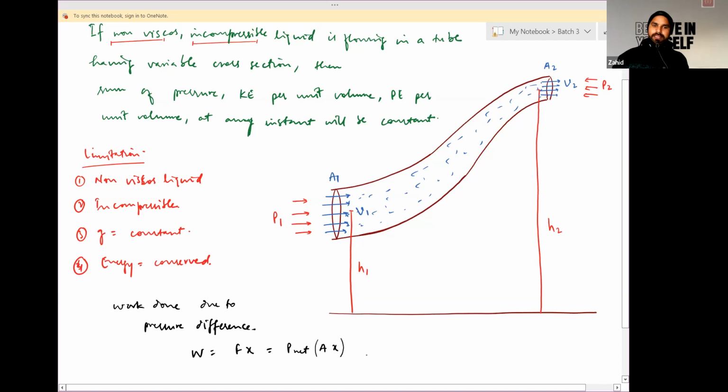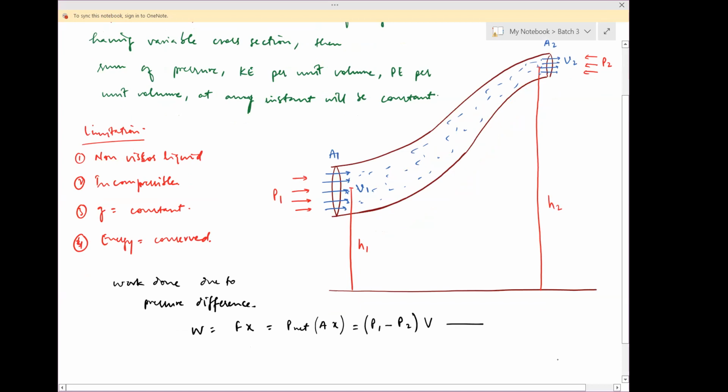Area times length is nothing but volume. So we can write net pressure as P1 minus P2, and area times length as volume. This would be the total work done by the pressure difference on this liquid. Abhinav, is it clear? Yes, sir.